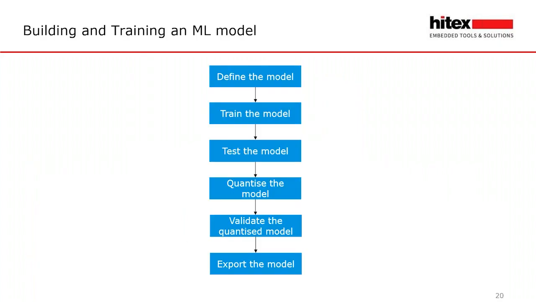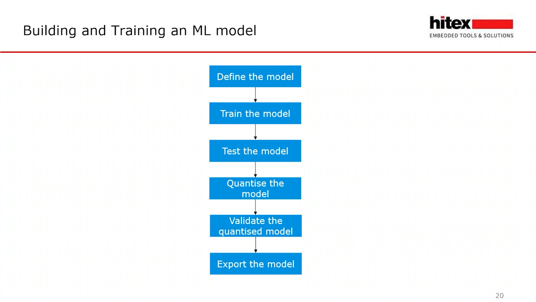Now, to develop our model, we have a fairly well trod methodology. First of all, we start by defining the model. We then have to train the model, and that's adjusting all of the weights in the neural net until they give us the correct outputs for the input that we're providing.